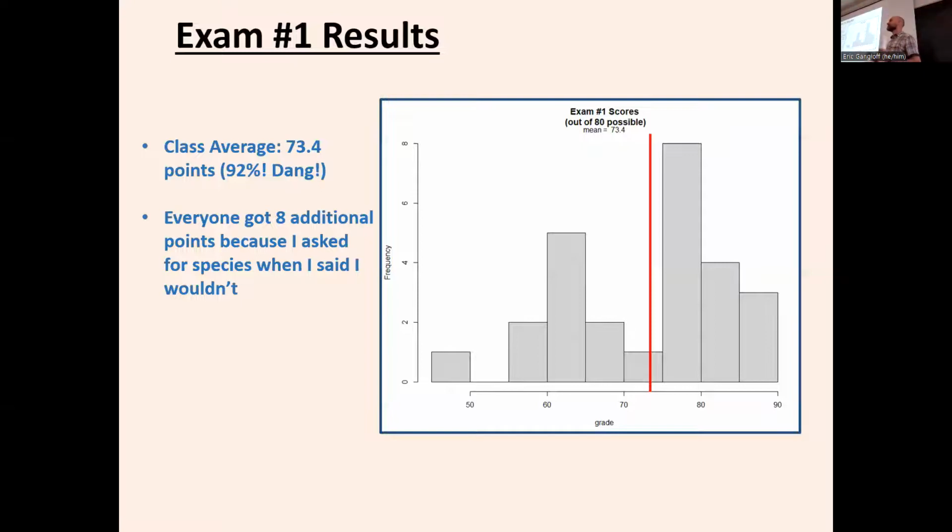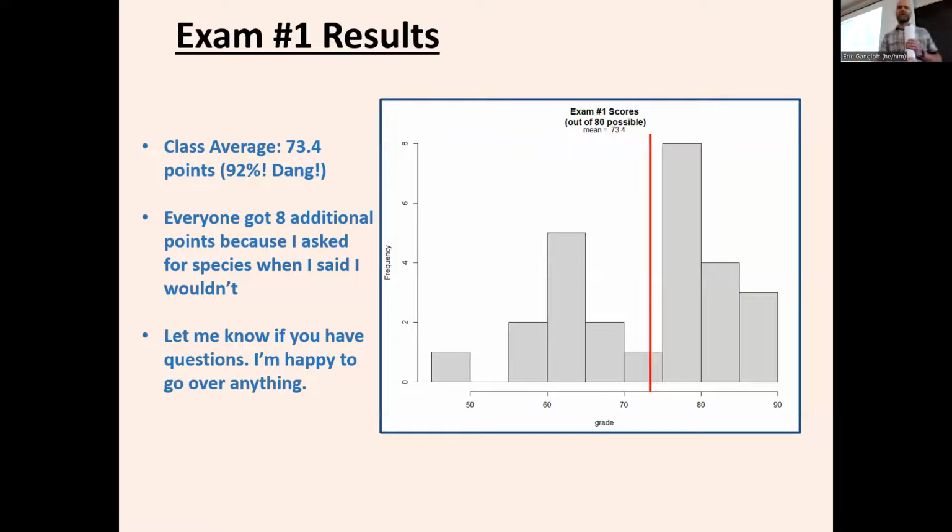What this did is essentially made those questions bonus questions, which I don't normally do, but I did here to compensate for my own mistake. So if you see some scores above 80, that's because you got those questions right and you got the 8 bonus points. Having said that, overall, this class average of 92%, you guys did great. Nice job on that. I was really happy with the scores.